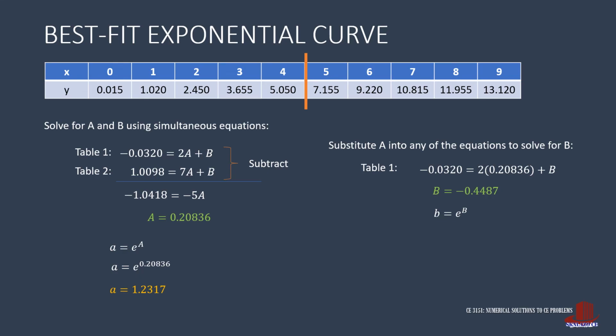And b as e raised to capital B is then e raised to negative 0.4487, which makes b as 0.6385. Plug these two values into the exponential function and have y as 1.2317 raised to x times 0.6385.